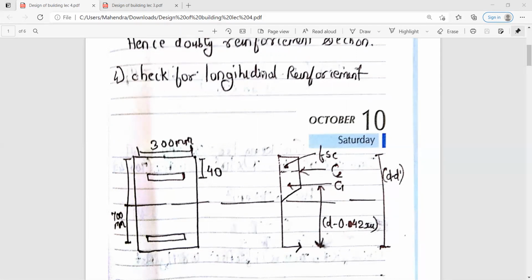And after completing, let me know so that we can proceed further. And if there are any doubts, you can ask. If anyone has any query, you can ask.